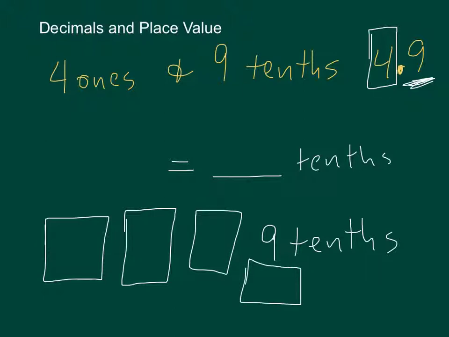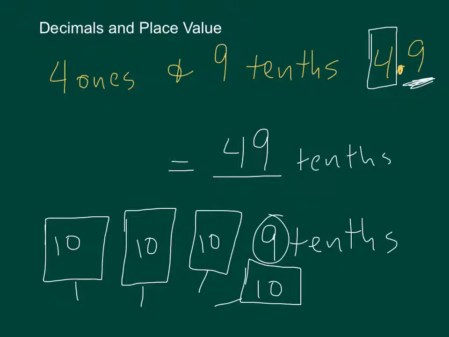And we knew from before that in each box you can put 10/10. So you have 10/10 there, 10/10 there, 10/10 there, and 10/10 there. So we have 10, 20, 30, 40 tenths, but we also have that extra 9/10. So we would actually have 49 tenths.